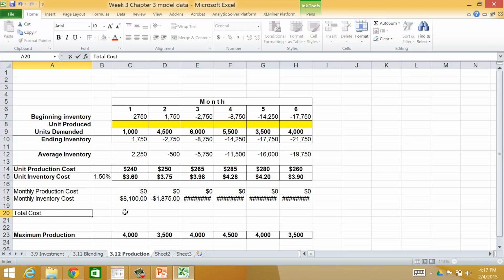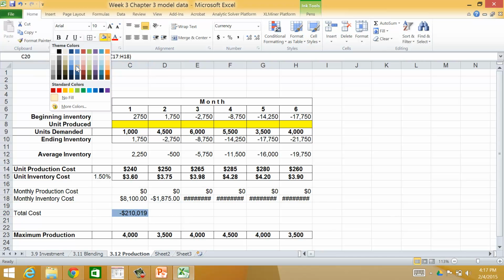This total cost will be just one cell that equals the sum of all the values here. Okay. Finally, we got our objective function. I'm going to highlight it. That's the objective.